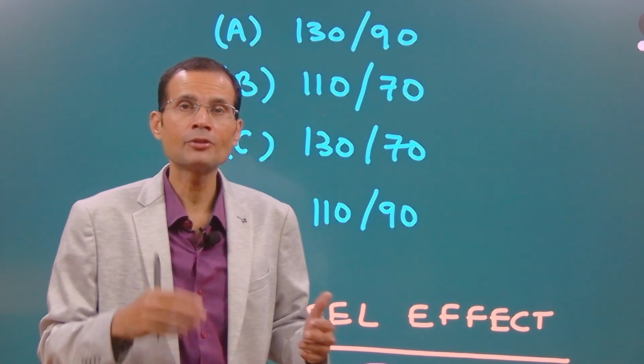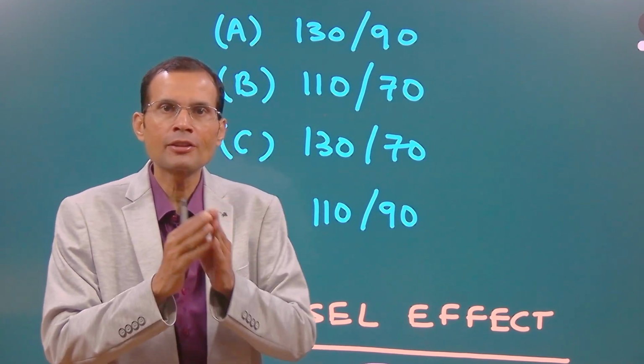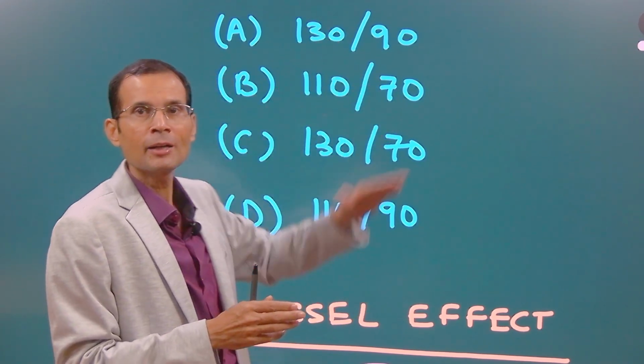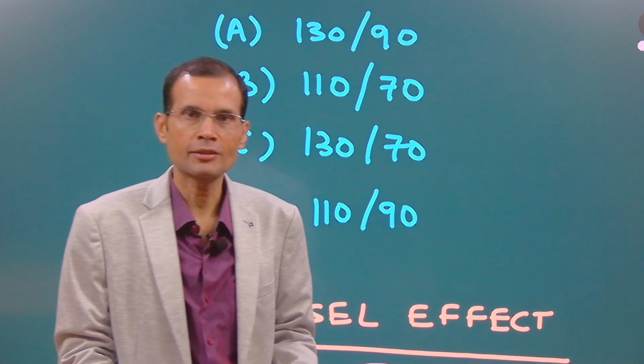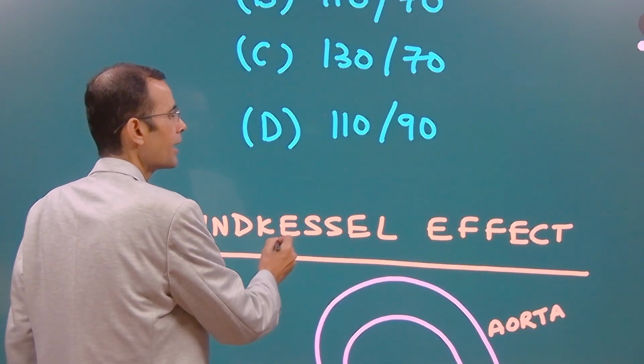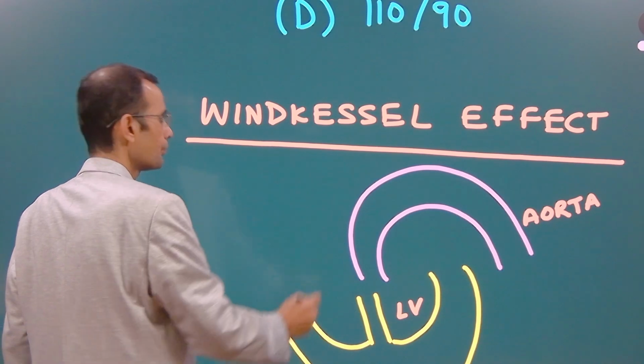And when we say increase or decrease, it is with reference to the baseline blood pressure which is already given to us. So let's understand this MCQ in detail now.